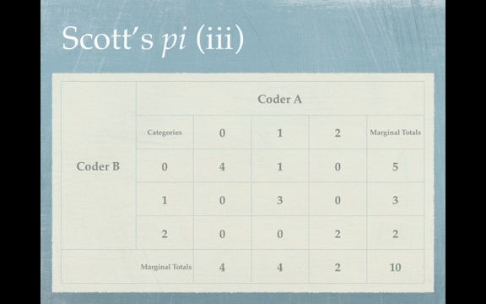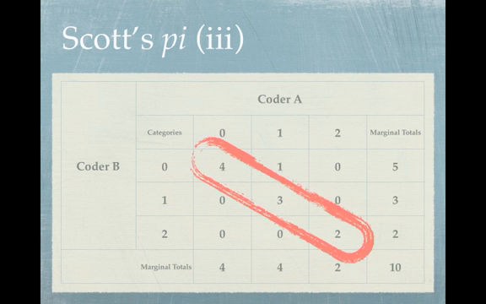So the diagonal is actually the number of cases that they have coded the same. They have actually agreed upon.